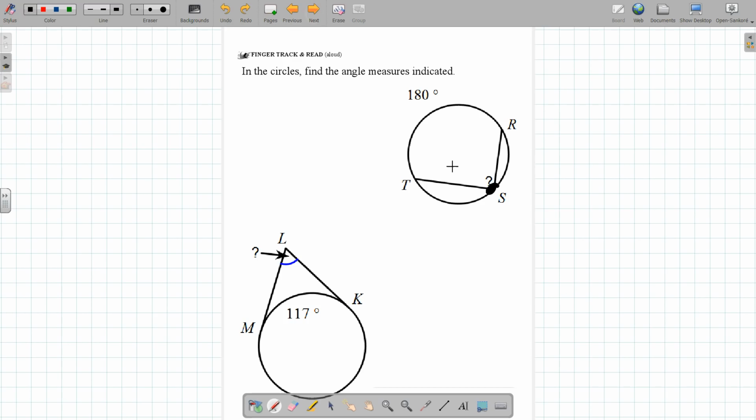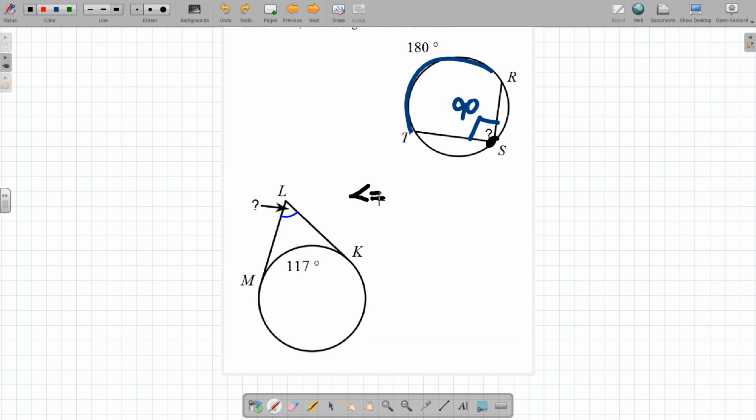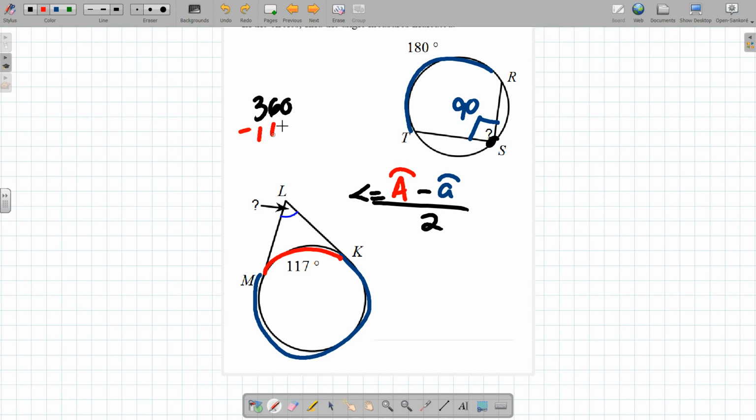This is an inscribed angle, half the arc, so it's half of 180, which of course is 90 degrees. This is a tan-tan. That's going to be angle equals big arc minus little arc over 2. So big arc, we are missing, minus little arc 117, but to get that big arc, you simply subtract the 117, and of course, you get 243.